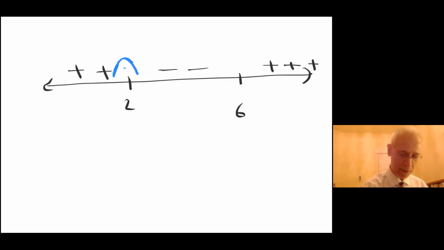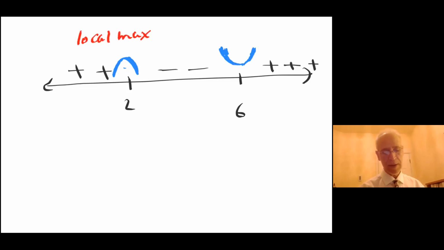I had it backward, okay. And in here, the tangent lines were negative, and then they changed direction to be positive. So I do have a local max at 2, and local min at 6.